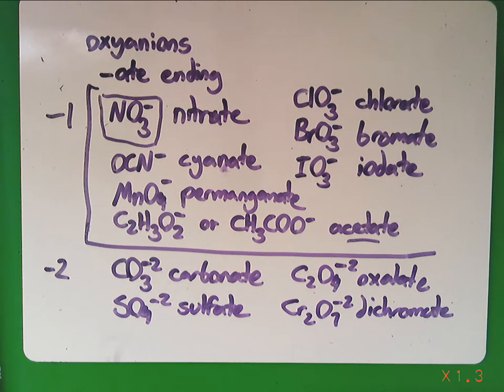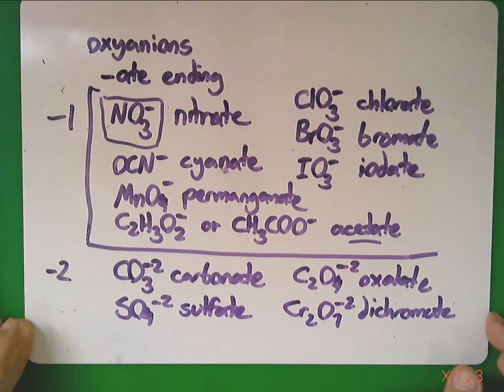Okay, let's look at some -3 ions, and there aren't many of these. In fact, there's only one really that you need to know. Only one -3 ion. And I guess I can write it down on the bottom here. I can squeeze it in.